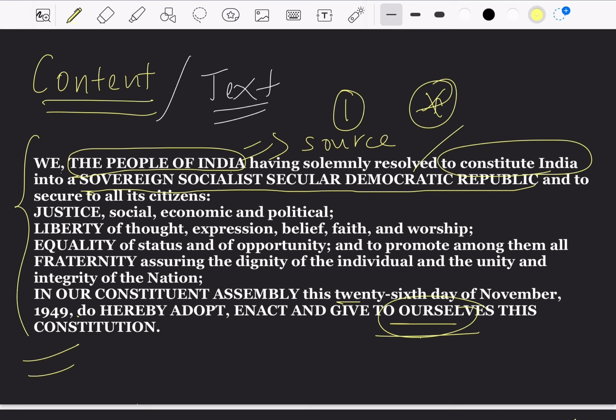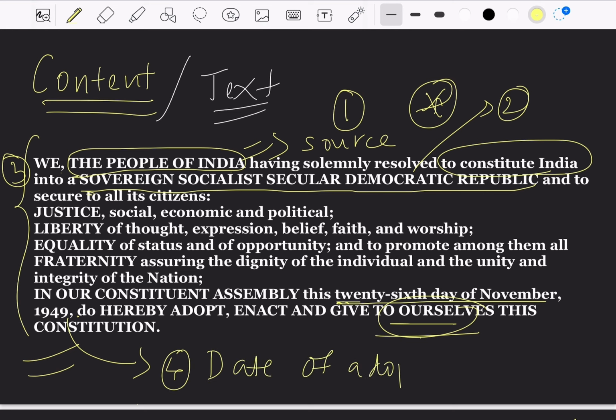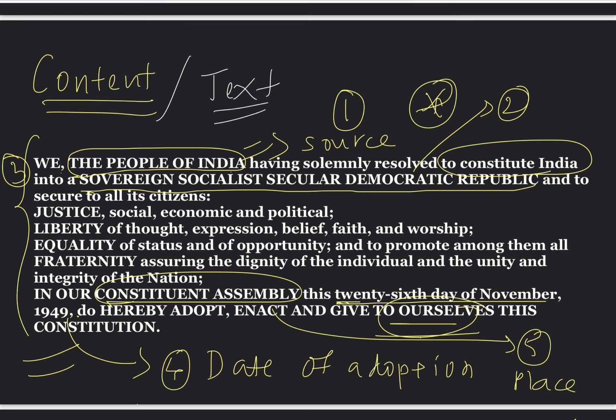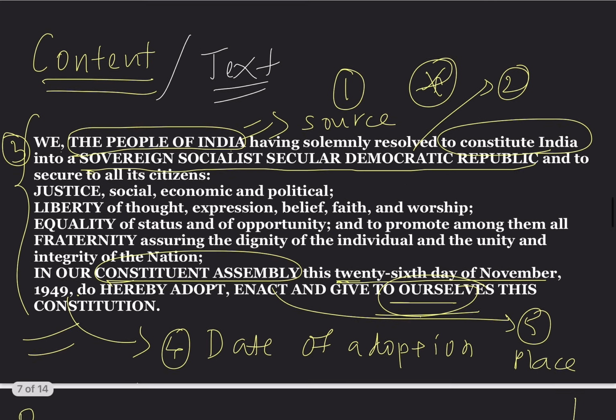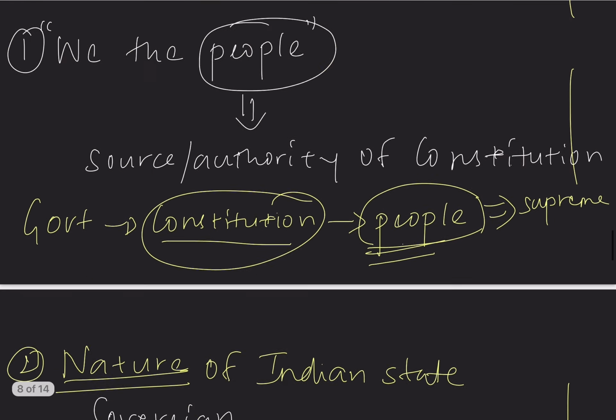Second thing we understand is the nature of Indian state. Third thing we understand is the objectives of Indian state. And the fourth thing we understand is this date, that is 26th day of November 1949. This gives the date of adoption of our constitution. So in our constituent assembly, this is the place of adoption of our constitution. So this is what we understand just by seeing the text of preamble.